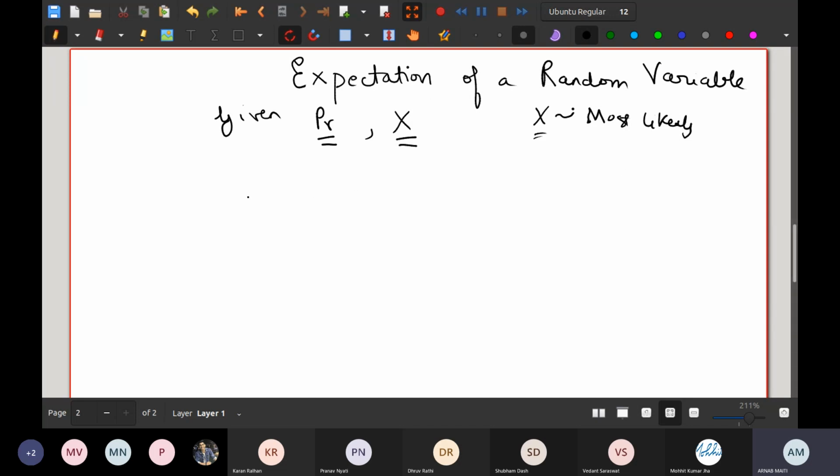Towards that, we will establish something called expectation of X. The definition is pretty simple.